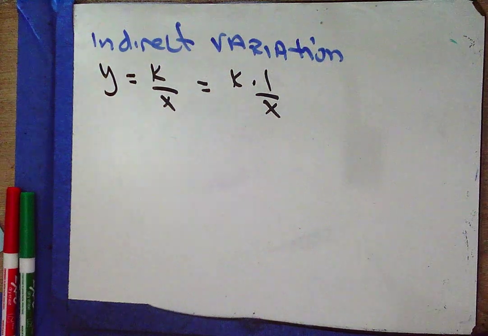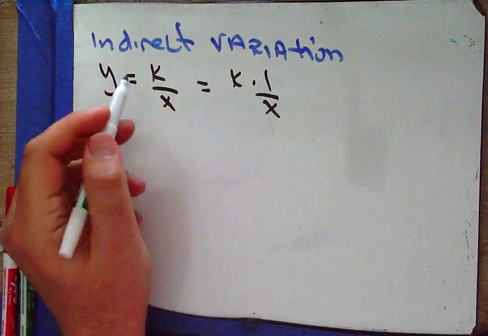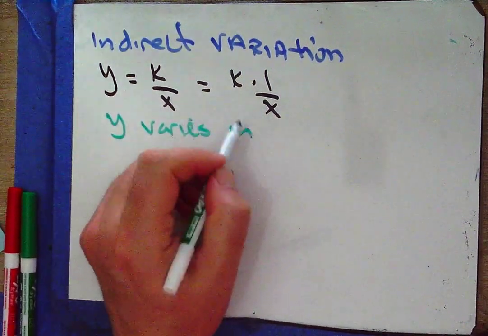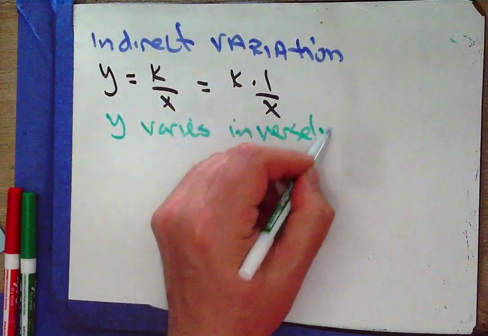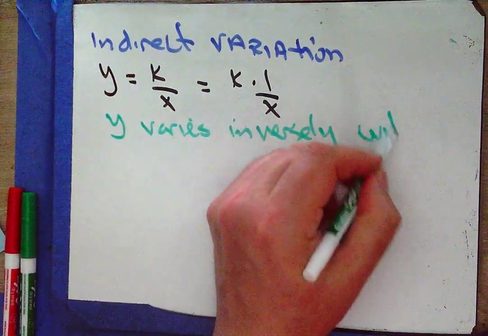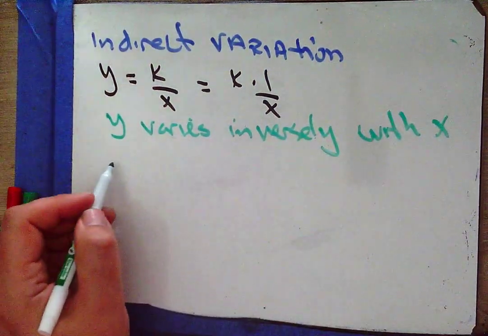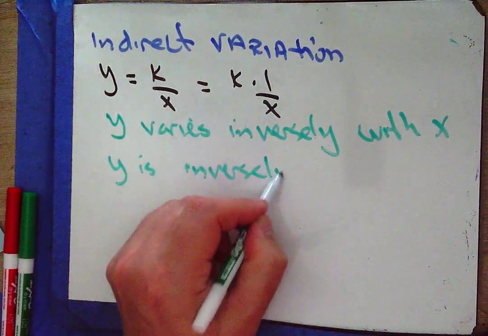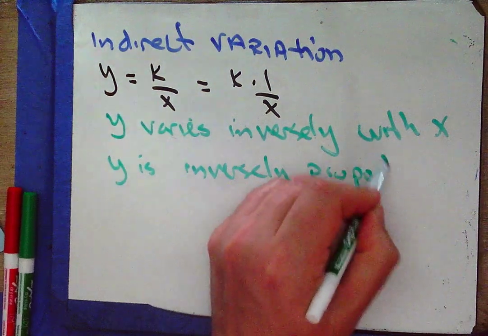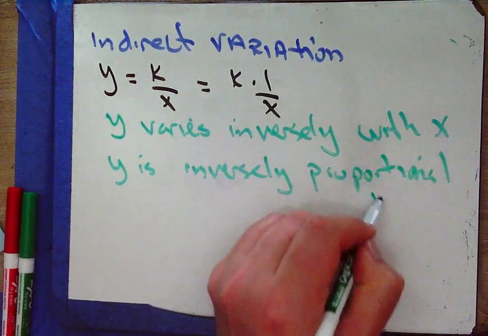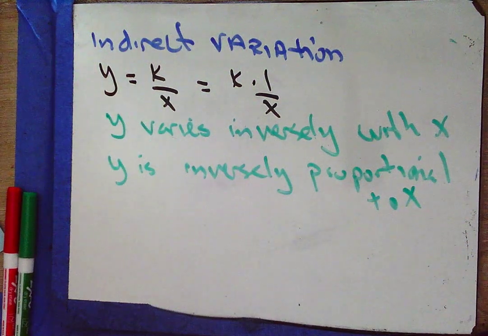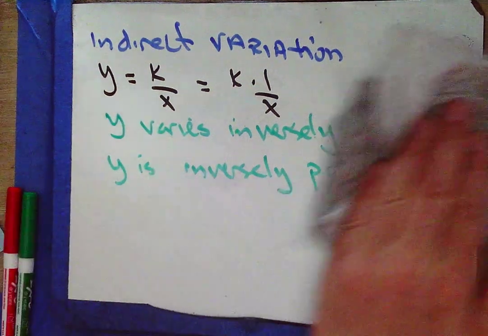And the language that we'll see here: y varies inversely with x, y is inversely proportional to x. That's the kind of language we're going to see. But what we do, it's pretty much the same stuff.